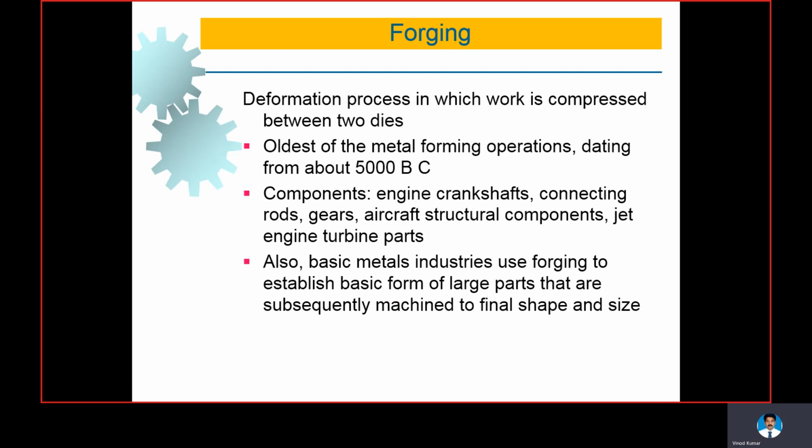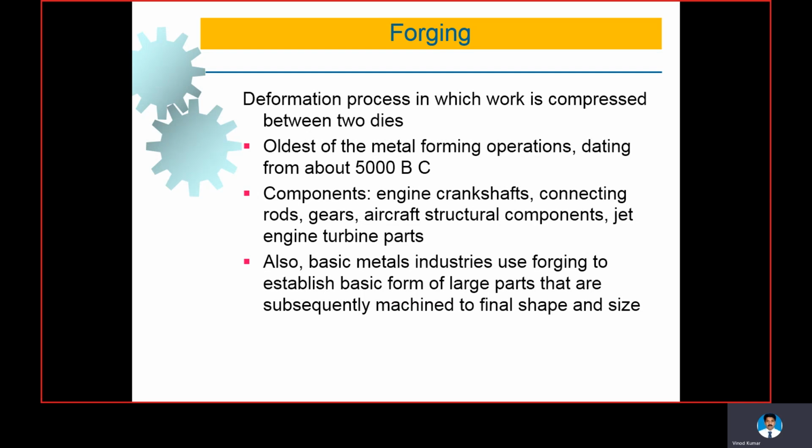In olden days, people used to heat the part to the required shape and size. Components such as engine crankshafts, connecting rods, gears, aircraft structural components, and jet engine parts, wherever we need a strong part, this manufacturing process called forging is very important.